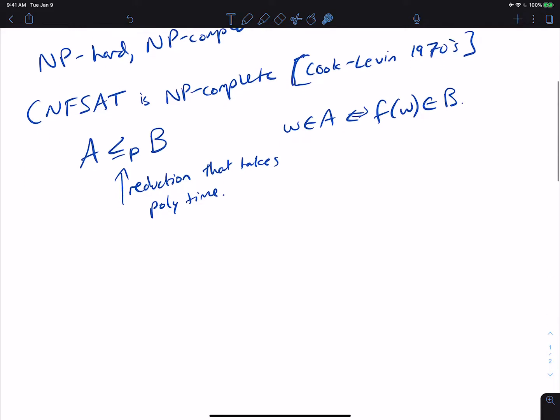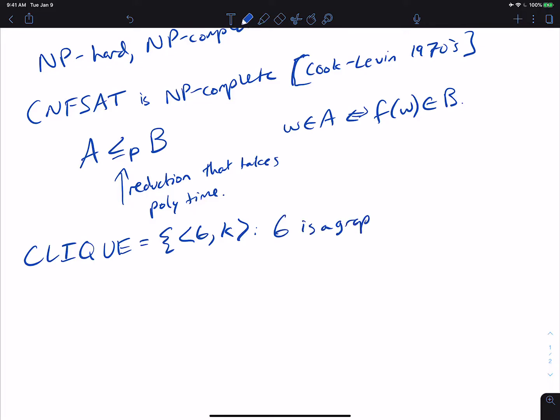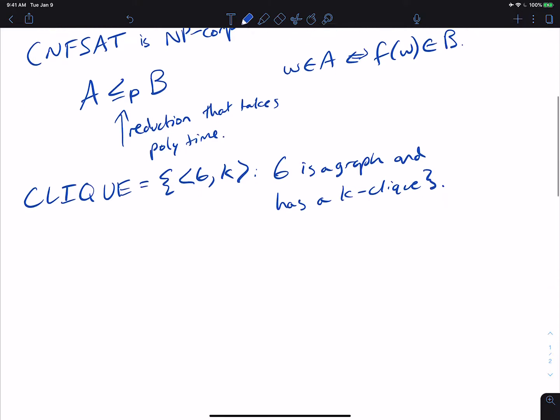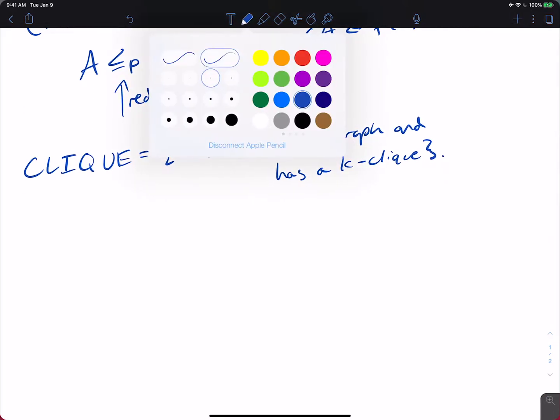So remember the clique problem that we have discussed several times, and I'll just refresh your memory. This is always going to be a pair G, K, where G is a graph and has a K-clique. And remember what a clique is.